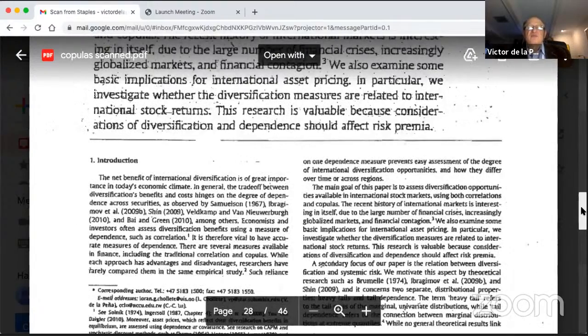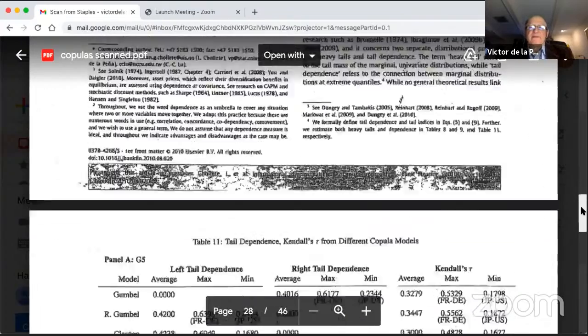We studied Europe, Asia, and the United States, and came up with which countries are more closely linked and how you can diversify your portfolio on the basis of the studies that we did.